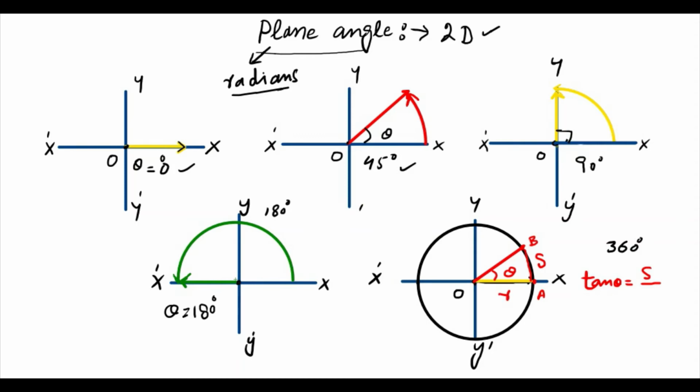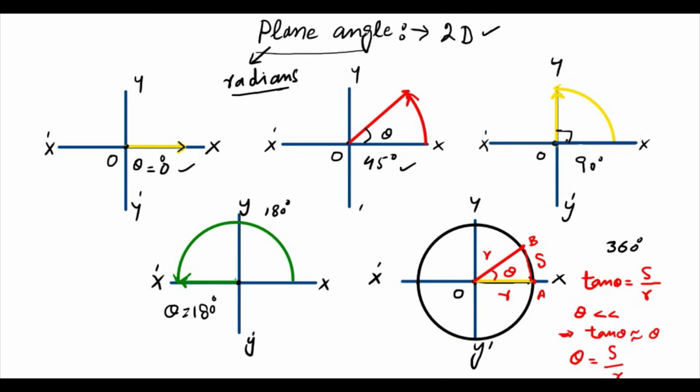This is also r. If theta is very small, then tangent theta will be approximately equal to theta. So in simple words, theta in this case can be written as the arc divided by the radius of the circle.